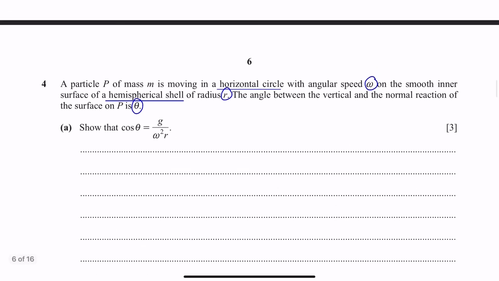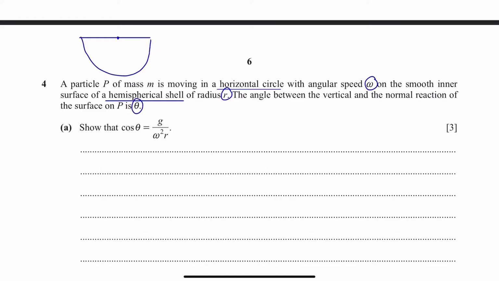So we have a bowl-like structure, a hemisphere basically, and this would be the center of the hemisphere. I mean, it will be the center of the sphere if it's a sphere.